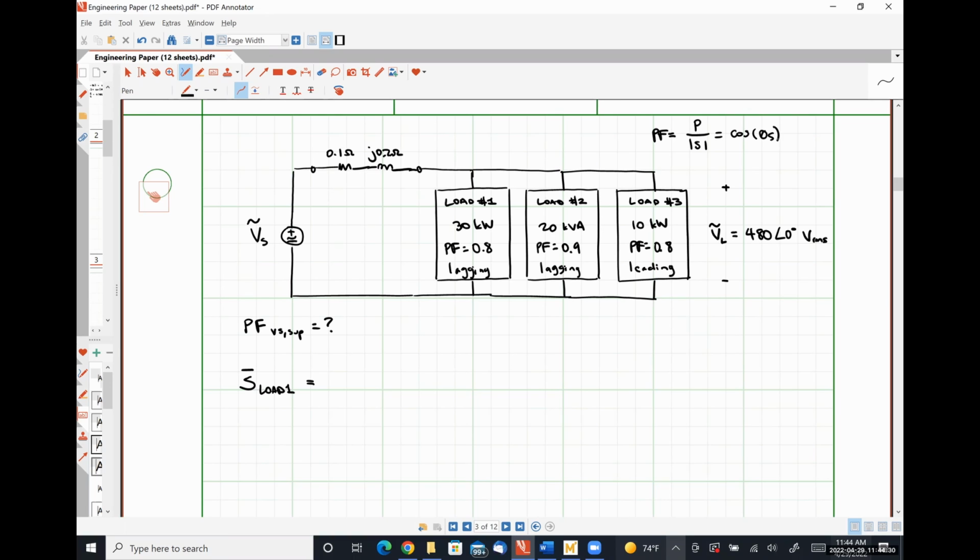So this is going to be the average power absorbed by load 1 divided by the power factor at which load 1 operates, with a phase angle of the inverse cosine of the power factor at which load 1 operates. All of that is from manipulation of the definition of what power factor represents.